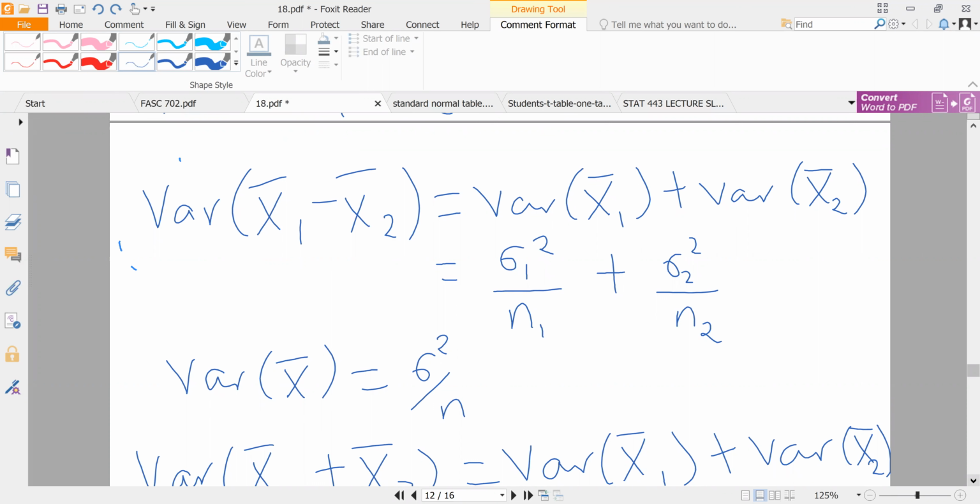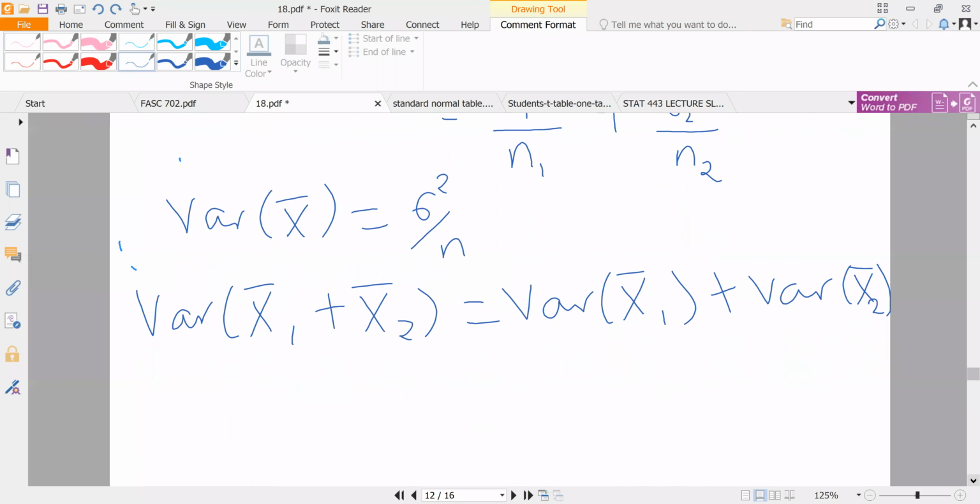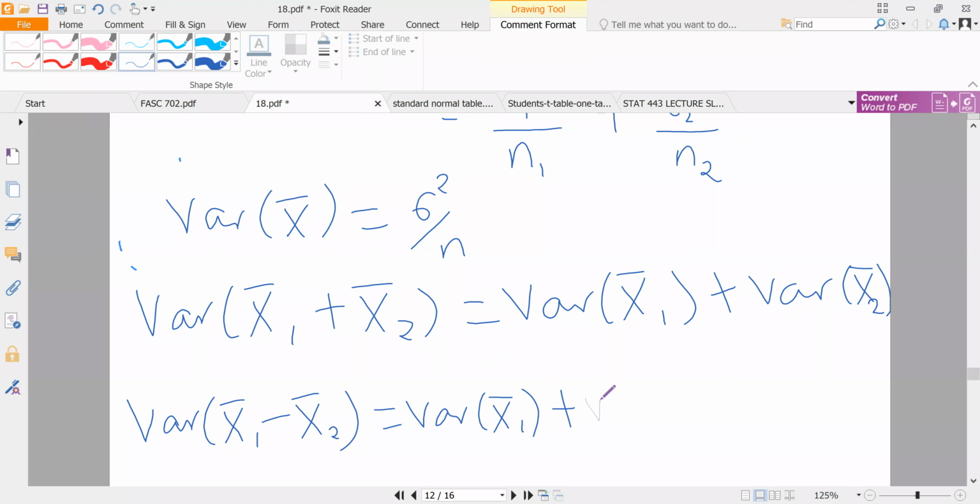If there is interaction between units in population 1 and units in population 2, then we will see the effect of the difference, because in that particular case, the variance of x bar 1 minus x bar 2 will be equal to the variance of x bar 1 plus the variance of x bar 2 minus twice the interaction between x bar 1 and x bar 2.